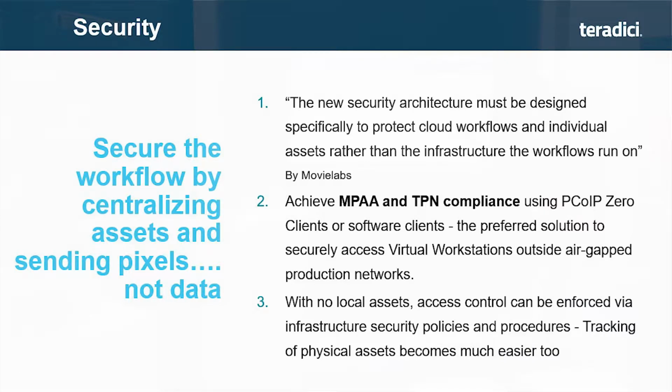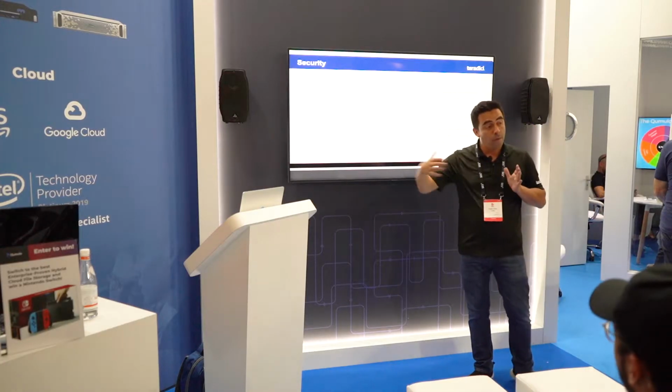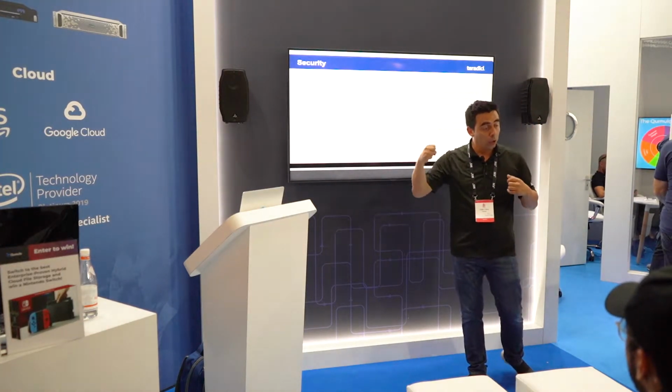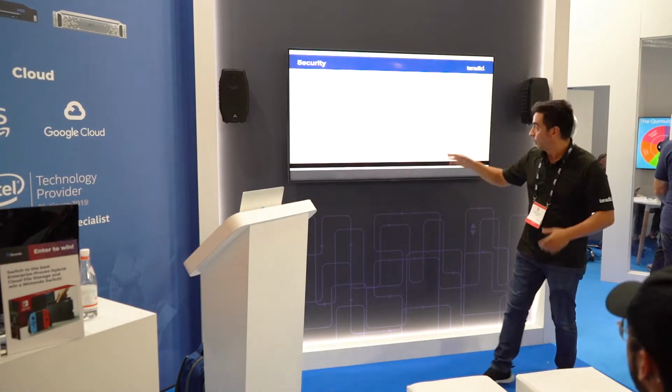Second one, security. MovieLabs, the non-profit organization I was talking about before, said that security shouldn't be on the traditional workstation, but should be on the full infrastructure, on the full workflow. For instance, the workflow before stored just the assets. Now everything has to be stored, not just the asset, but how you open the asset, how you store the asset, and how you manage the asset.